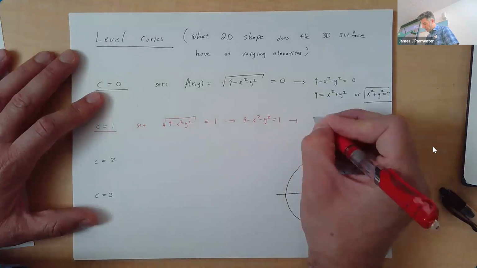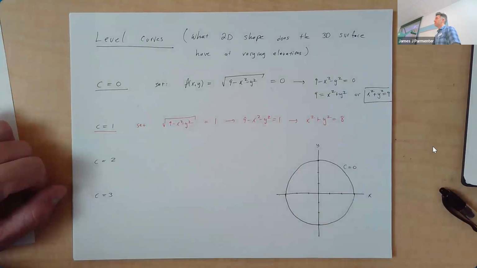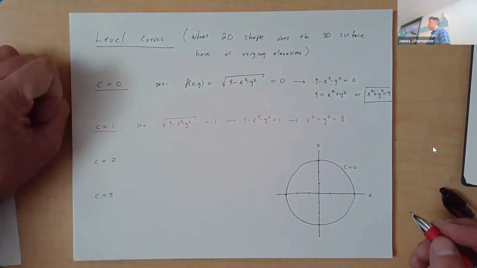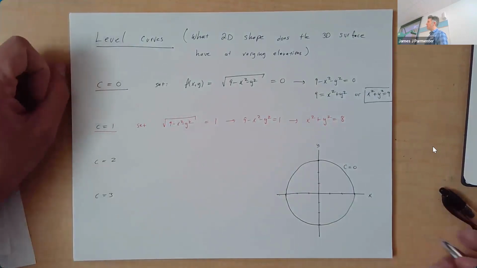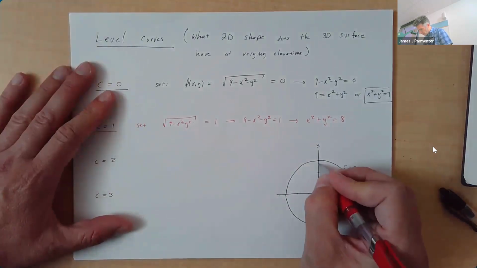We end up with x squared plus y squared equal to 8. So here we have a circle with a radius of the square root of 8, centered at the origin, which is approximately 2.8. So kind of close to that circle there.